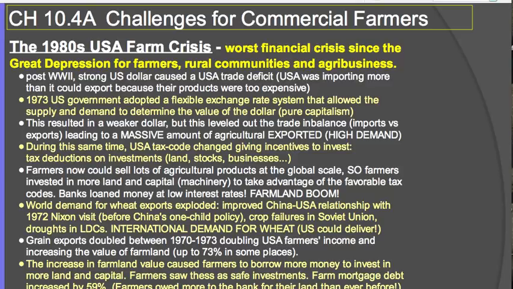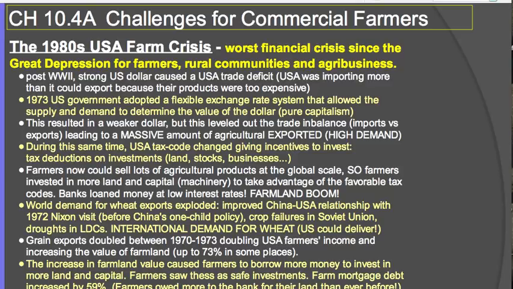Banks loaned money at really low interest rates. So you had a lot of farmers buying up a lot of land and machinery so they could grow more crops to sell to this growing high demand for crops, especially wheat. During this time, in the 70s, you had an improved China-United States relationship, and this is before China's one-child policy, so they were growing rapidly population-wise, and they had a need to buy wheat.